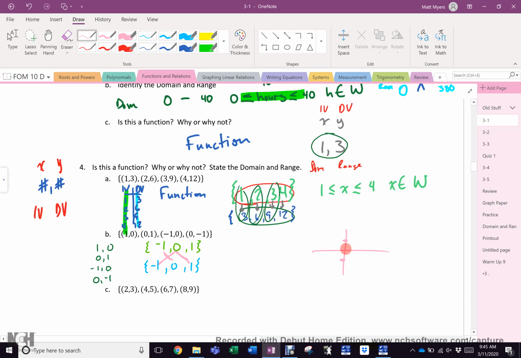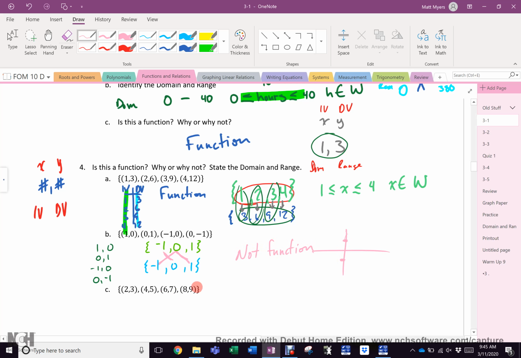I'm thinking of an x value where y is -1. Oh, it's 0, it's cool, right? But if I reverse it and I say I'm thinking of a particular y value right now where x equals 0, do you know which dot I'm thinking of? No. So it's not a function. It's just a relation. Everybody cool? Not a function.